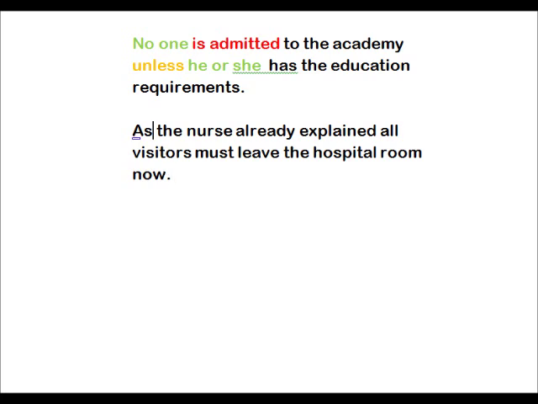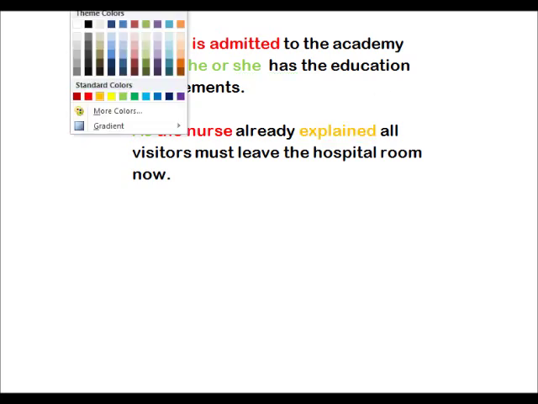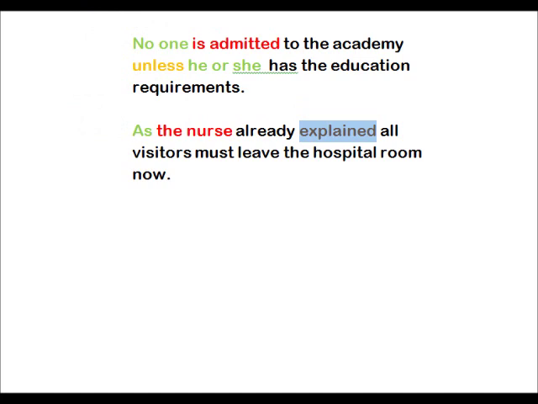Now, we've got as here, which is a connector. Fantastic. So I've got as, that's a connector. And then we've got the nurse, which is a subject. Well, that's clear. So we've got a subject too. And then we've got explained. Fantastic. Explained is a verb. So also we've got a verb.